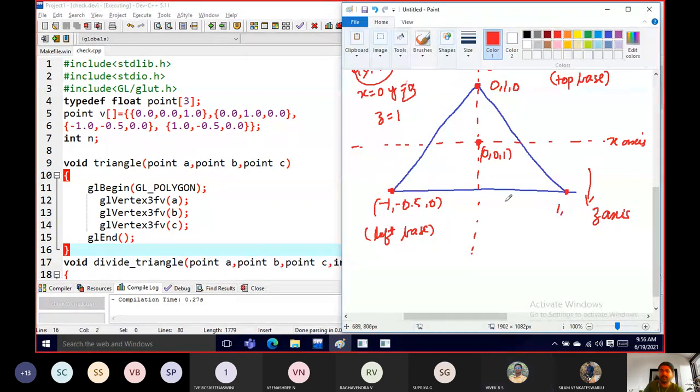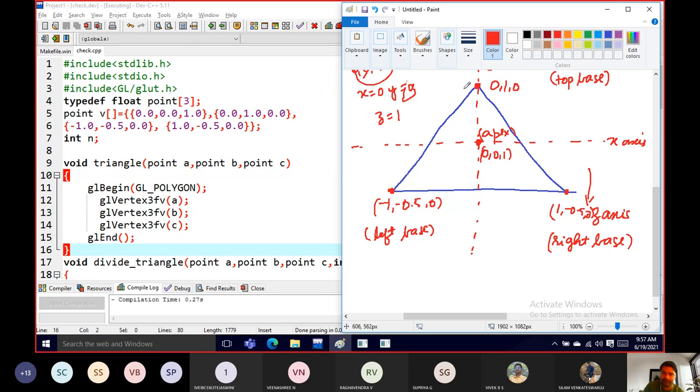What about the y value? Negative 0.5. Next, what about z? 0. So this will be the right base. These are just the names which I give for our understanding. So this is apex, this is top base, this is left base, and this is the right base.